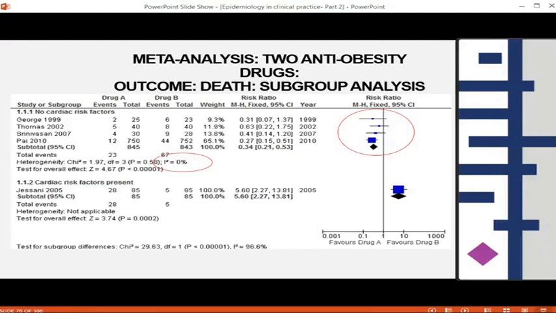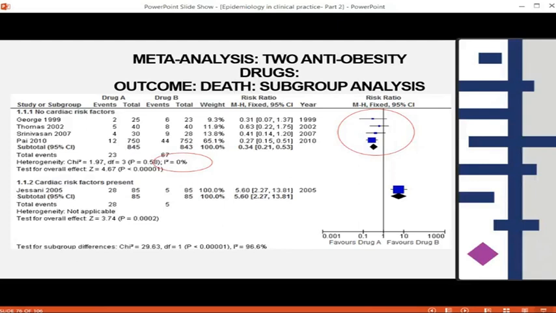The p-value is 0.58. You haven't ruled out the effects of chance. Otherwise, actually, all the studies should have an estimate of 0.34. But because the confidence intervals all overlap, it's basically saying it could be anywhere between here and here. So you can be fairly certain that these results are consistently showing that drug A is better than drug B.